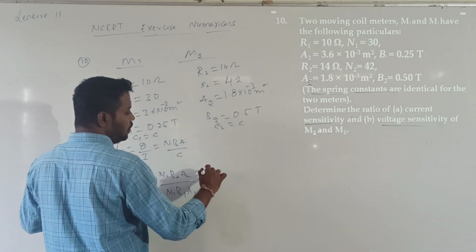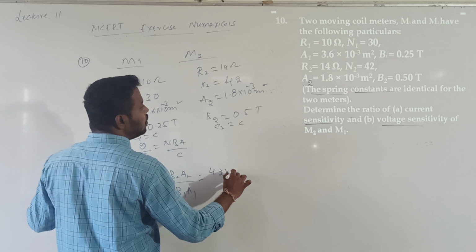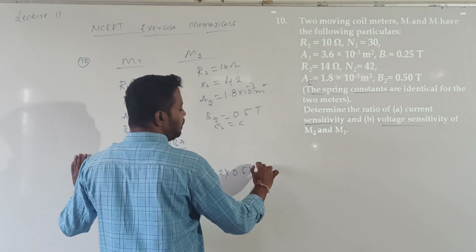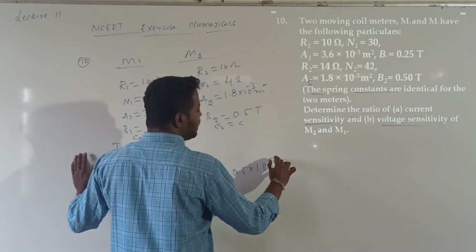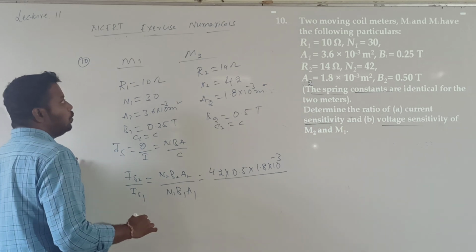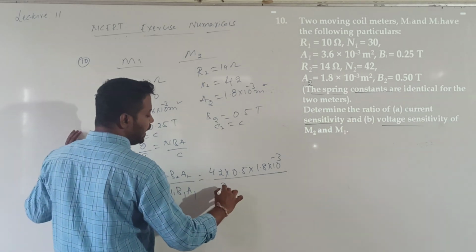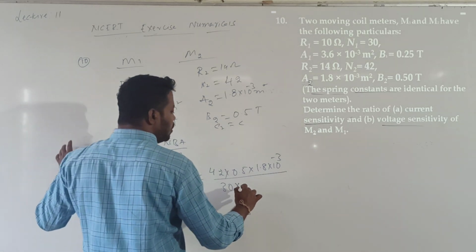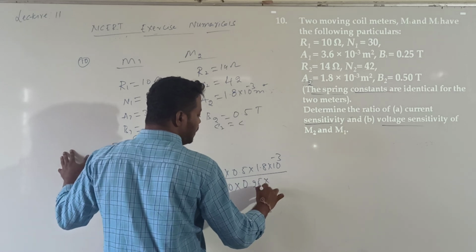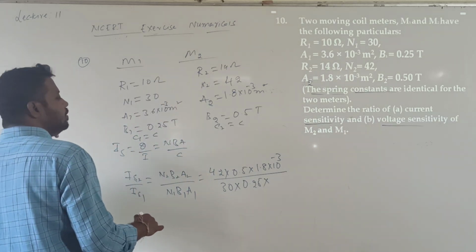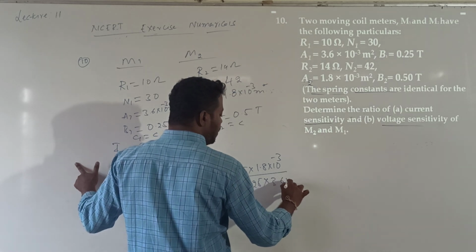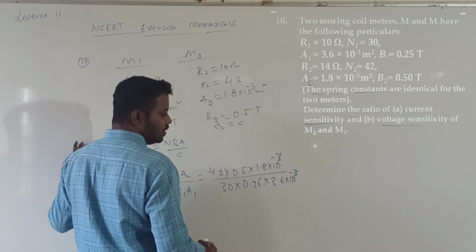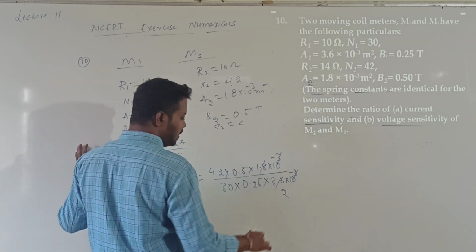What is the N2 value? 42 into B2 value 0.5 into A2 value 1.8 into 10 power of minus 3, by N1 value 30 into B1 value 0.25 into A1 value 3.6 into 10 to the power of minus 3. The 10 power minus 3 cancels. 1.8 ones are, 1.8 twos are.